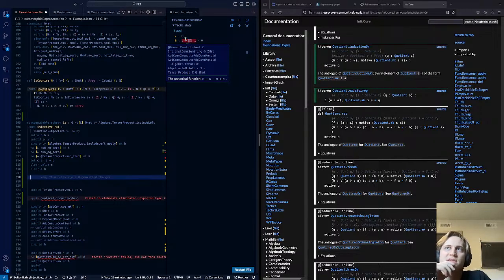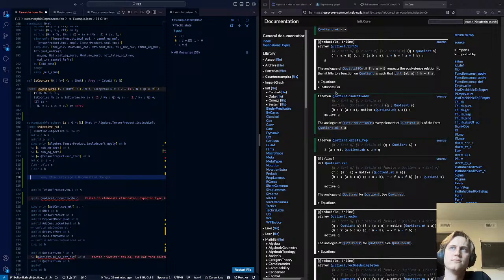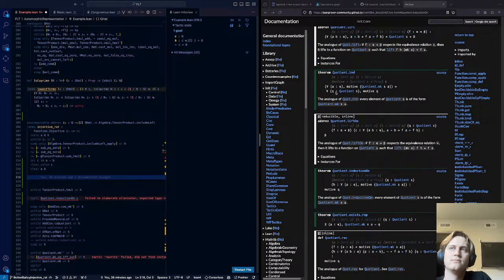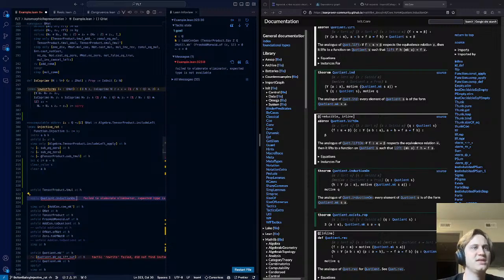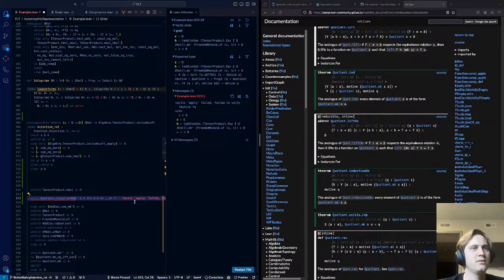Every element of quotient S is of the form quotient.make SA. What I want to do is apply this. Apply failed. Failed to unify motive with C equals 0.